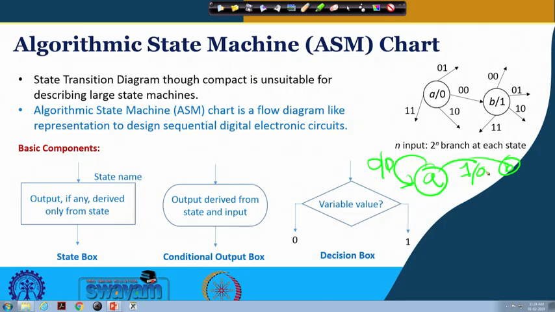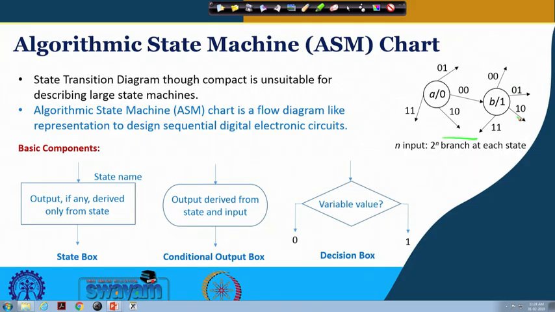Now, imagine if instead of one input there are two inputs. So, what would have been the cases? The case would have been something like this: from A 4 such branches coming out, from B 4 such branches coming out, and the state transition diagram would have been very complex and inconvenient to read, and to make out something out of it.